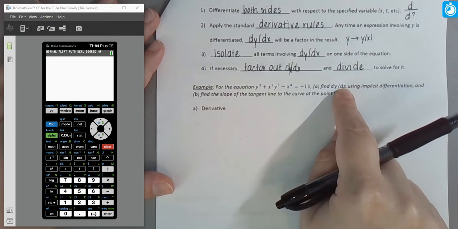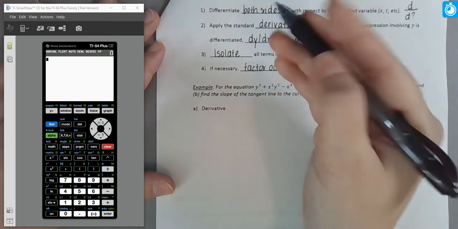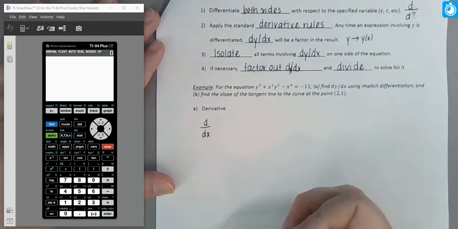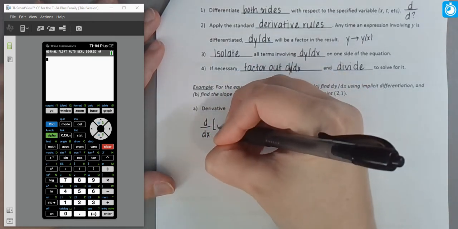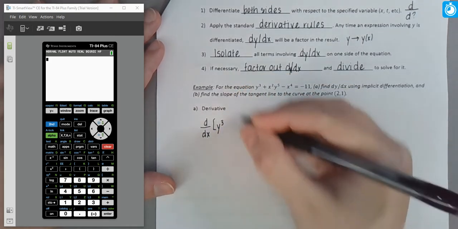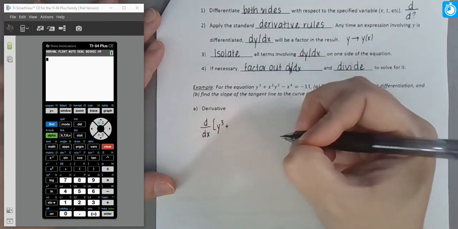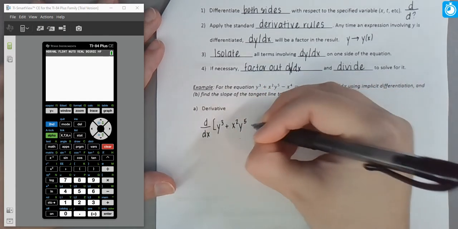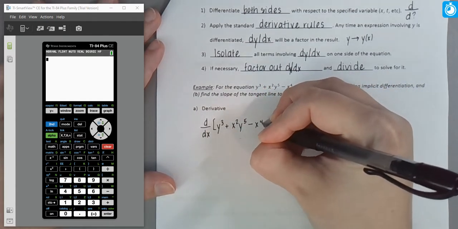Okay, so we want to find the derivative with respect to x. So we're going to apply that derivative operation to both sides of the equation. So we're applying it to the left-hand side, so y cubed plus x squared y to the fifth, minus x to the fourth.